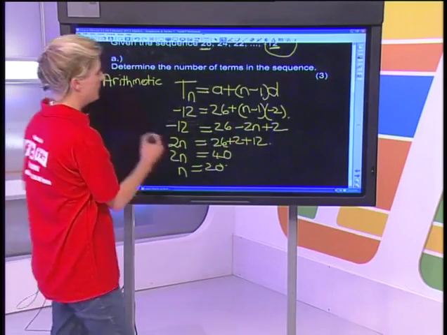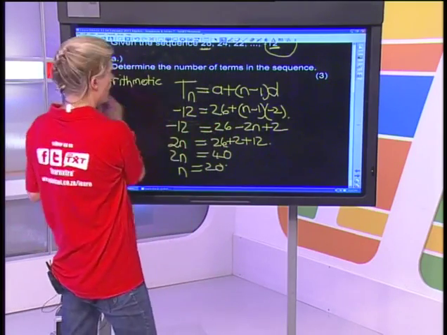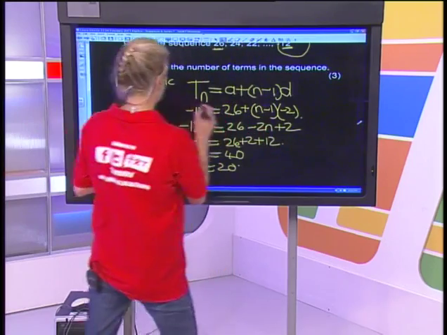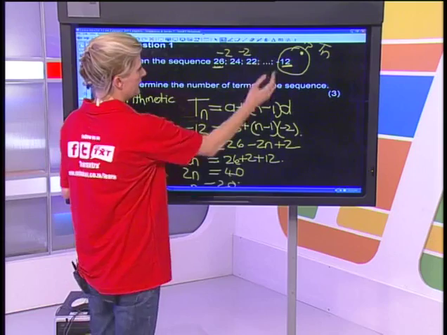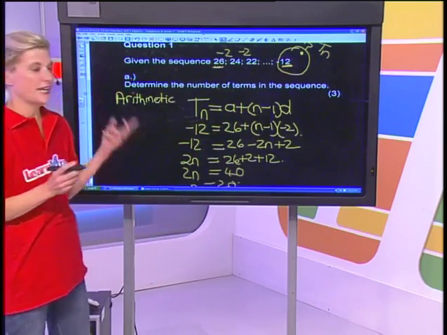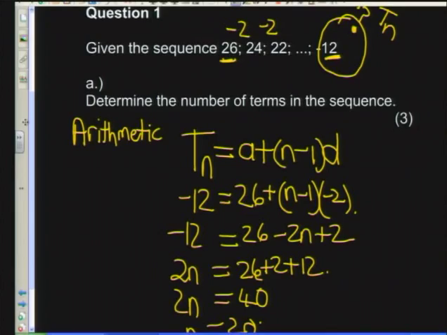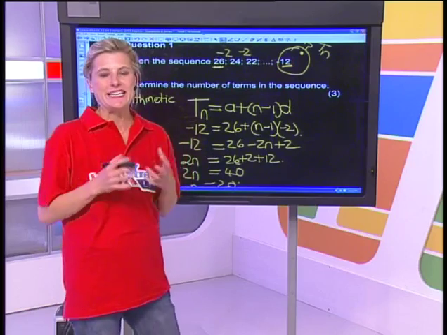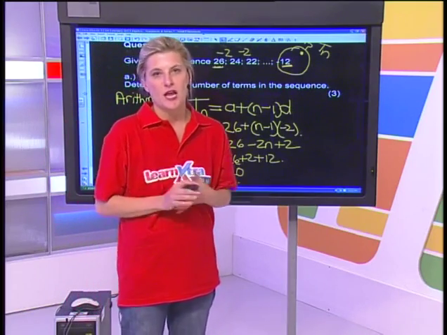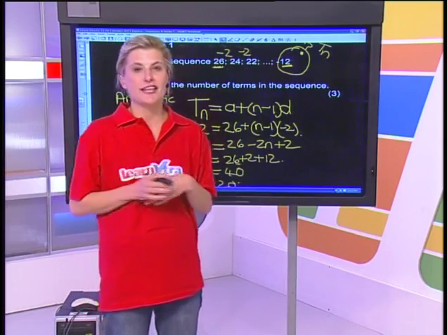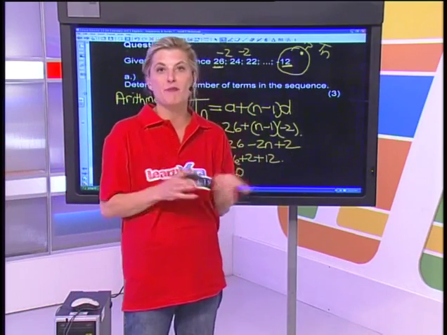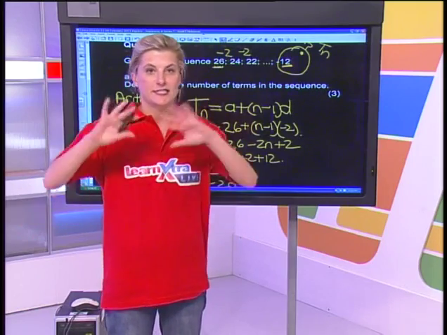Or if we repeat the process of subtracting 2 from 26, we will get to minus 12 after 20 times. Now, guys, it's very important that we remember that n is like a place in a race. Your answer has to be a positive whole number. I can't say that you're such a terrible athlete that you came minus 20th in the Comrades, right? That doesn't work.